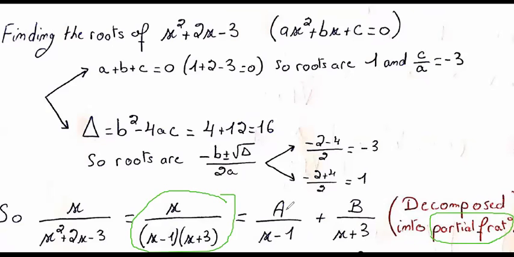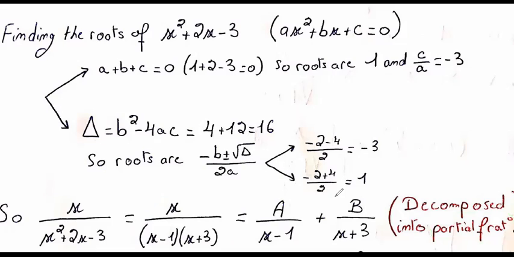And always the degree of the numerator in the partial fractions is 1 degree less than the denominator. So here, if I have a degree 1, it's going to be of degree 0 here, so it's going to be a constant. So the decomposition here is going to be a over x minus 1 plus b over x plus 3.